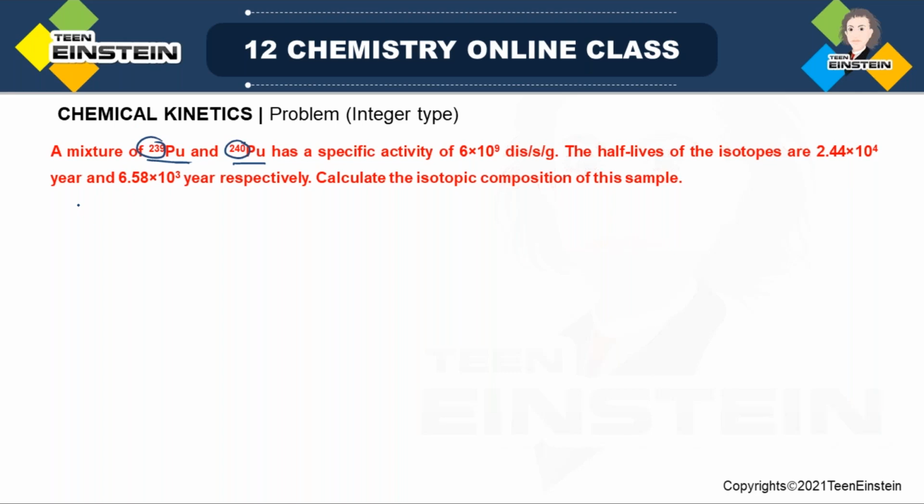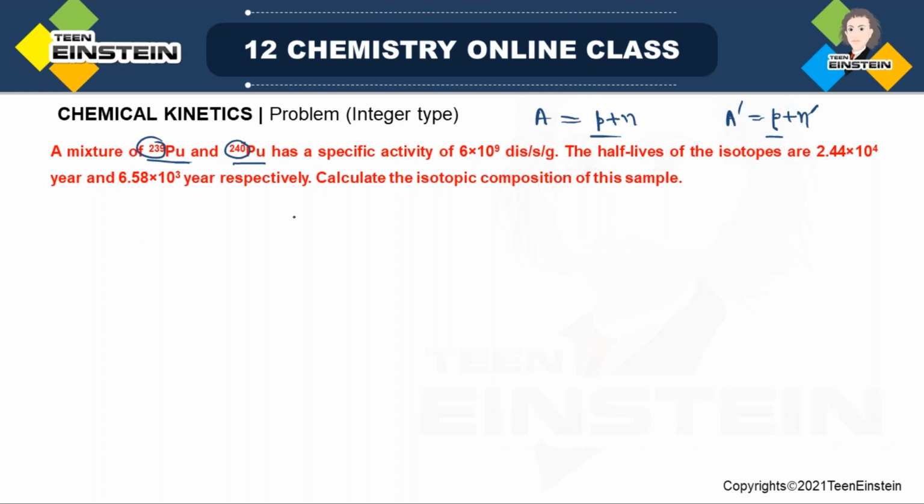Mass number different means their neutron number is different. In the first case, suppose one has mass A, which is proton plus neutron, and another has mass A prime, which is also proton plus neutron. Now P is the same, so N must be different. In the second case, N is prime. This is the definition of isotope.